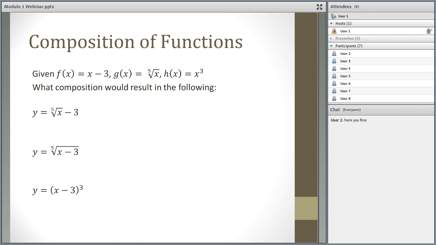So looking at the first one, we have y equals the fifth root of x minus 3. How would we have gotten that? Well, I have the fifth root of x, that's g of x, and then I'm subtracting 3 from it. So I notice that there's an x minus 3, and then there's a fifth root of x. So it looks like I am plugging g of x into f of x.